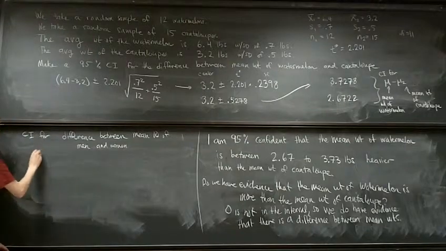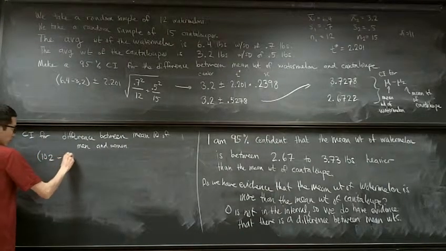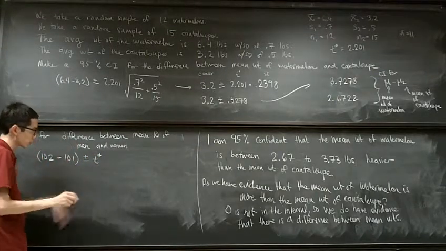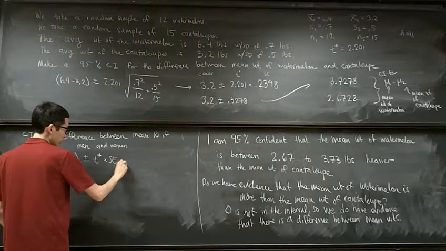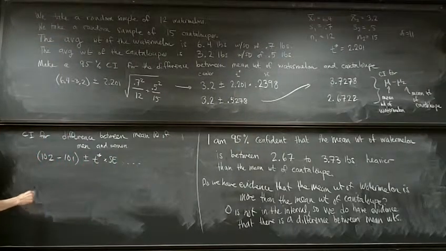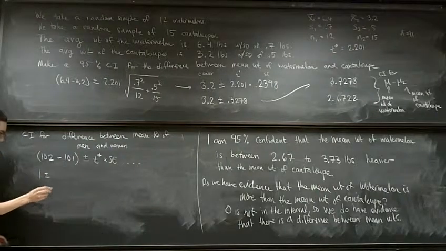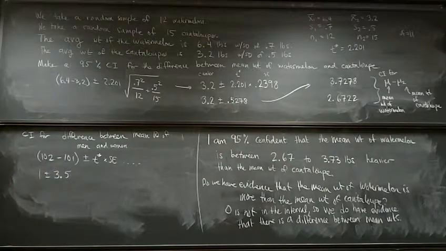Let's say the average IQ of the men was 102 and the average IQ of the women was 101, and you go plus or minus t star times the standard error, et cetera. So let's say we get 1 plus or minus 3.5. I'm just making up numbers here.